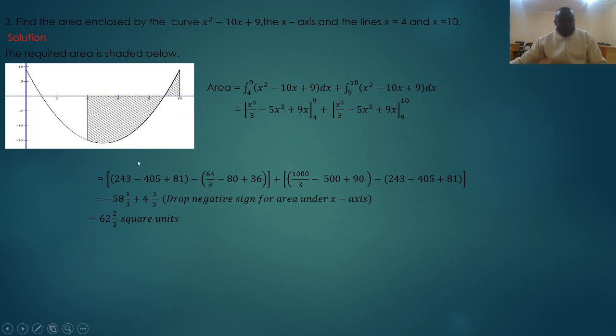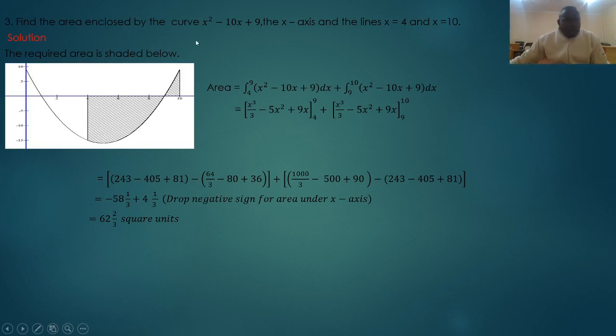So you add 58 and a third plus 4 and a third, which gives you 62 and 2/3 square units. So usually ignore the negative, then add the two to get the area of the shaded parts.